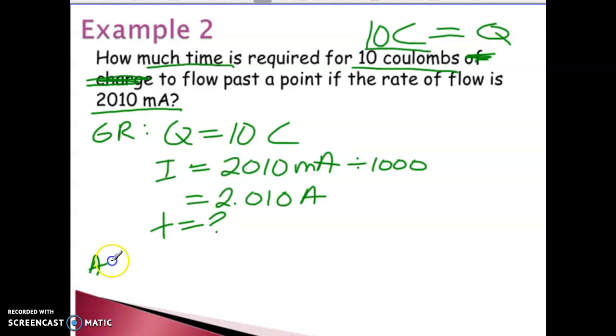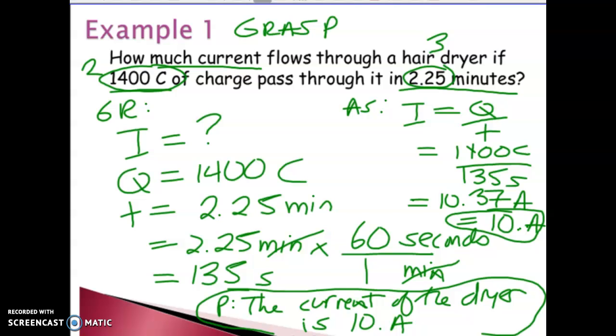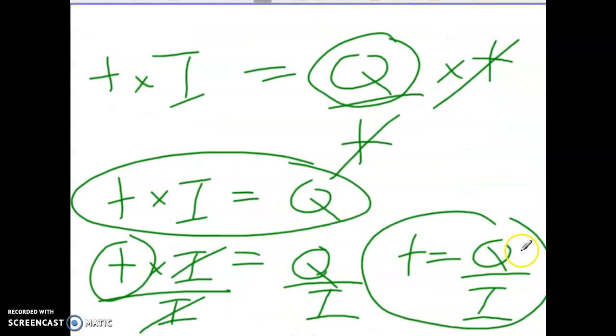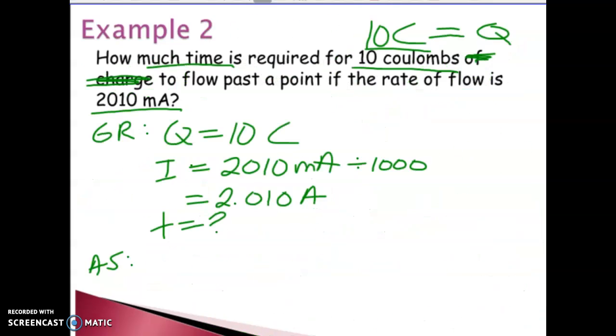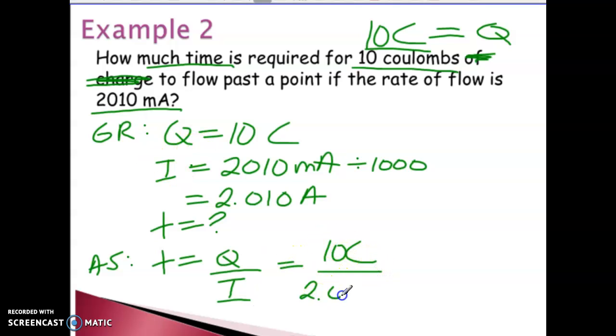Okay, so now that we have everything in the appropriate units, we can plug it in. For time, it's going to be Q over I. So we have 10 over 2.010 amps. 10 divided by 2.010 is 4.975, etc., seconds.